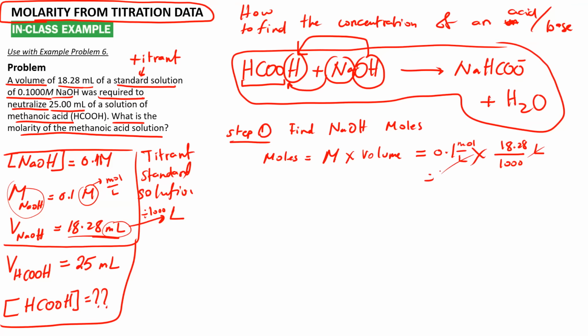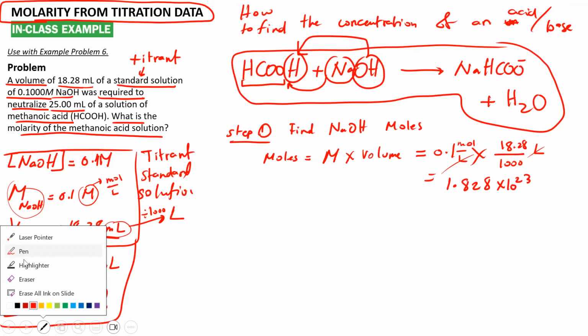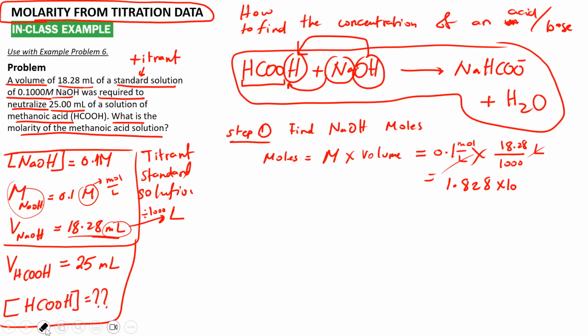The liter goes with liter and then you will get 0.1 times 18.28, and you will get 1.828 times 10 to the power minus 3 mole NaOH.